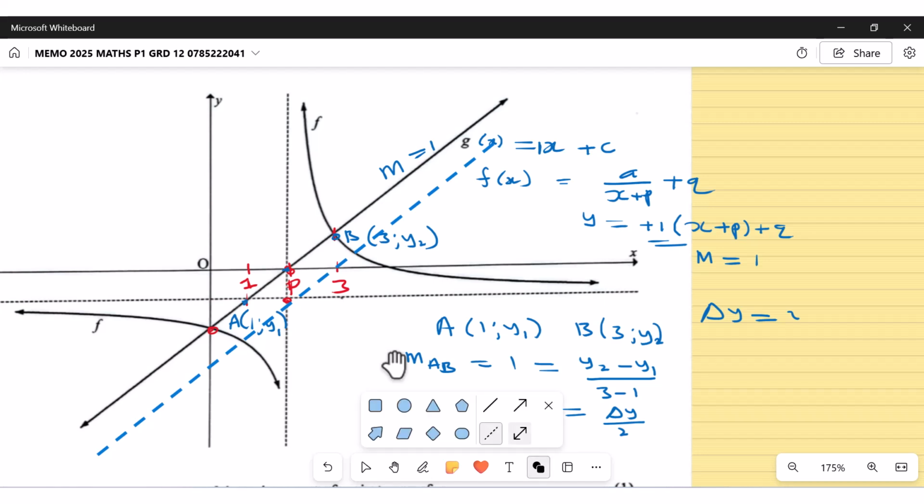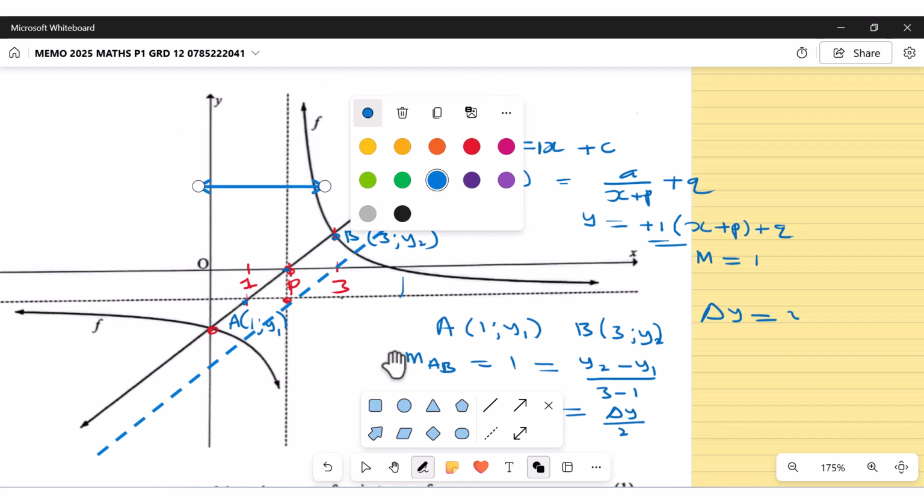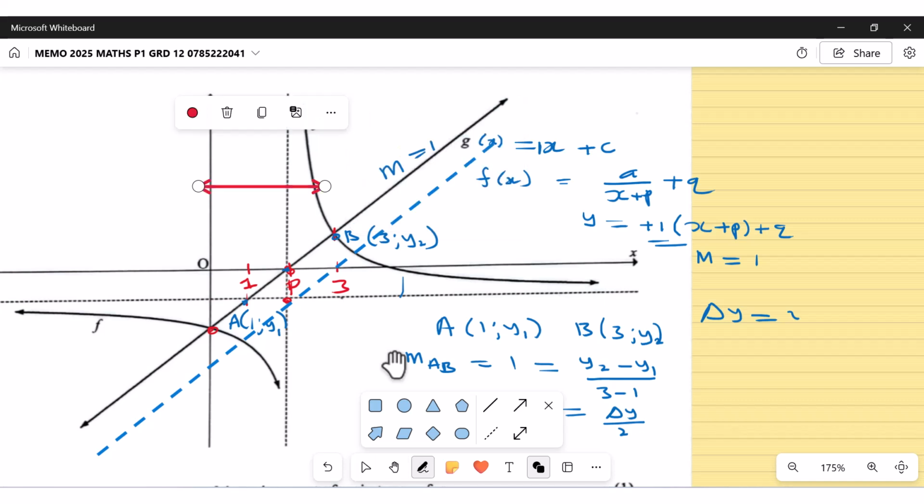To get this 2, because this one is above, at B I can put a 1 here. And at this point, because I want to get the 2, I'm going to put a negative 1.